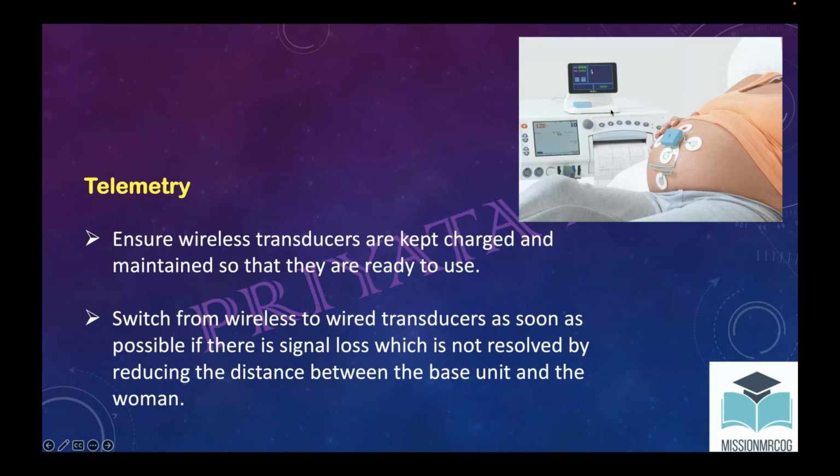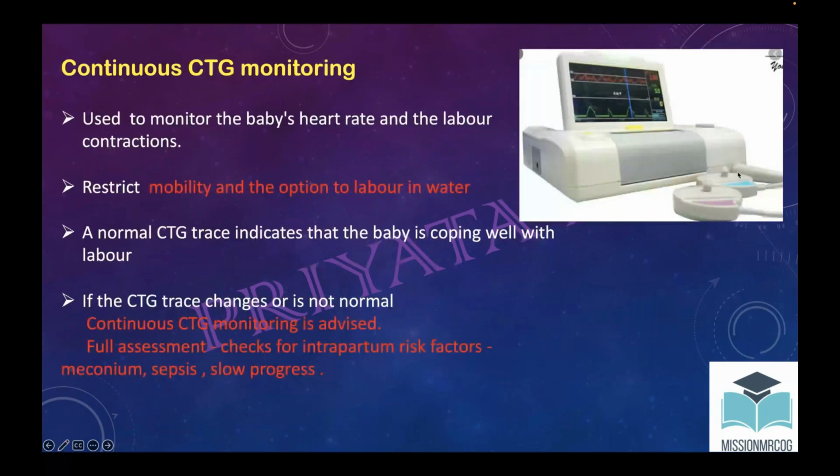Previously, in the CTG machine, we have to tie it with a belt, put it over the maternal abdomen, and the mother has to lie down on a bed. She can't move because of all these things.